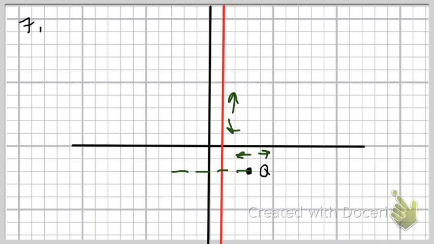And we also know that the line x equals 1 is the bisector of Q to Q prime. So we figure out how far it is from Q to the line: 1, 2, and then we know if that's halfway, we go 1, 2 after it. And that's going to be Q prime right there.